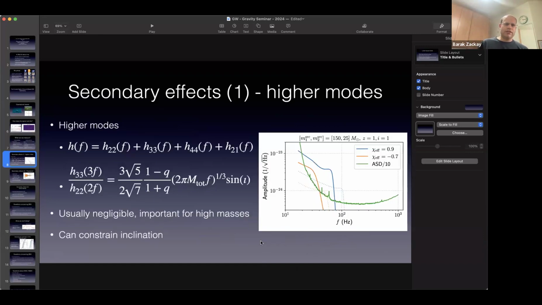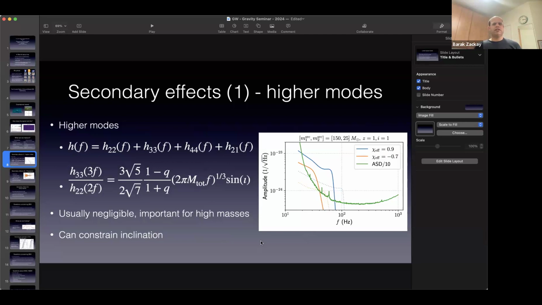Good. So these are the things we can measure. This is only the first order. These are the things that if you don't have them in your model, you will not detect gravitational waves, period. Now, there are also smaller effects, but not less important, because sometimes they break the degeneracies that we really want to break.